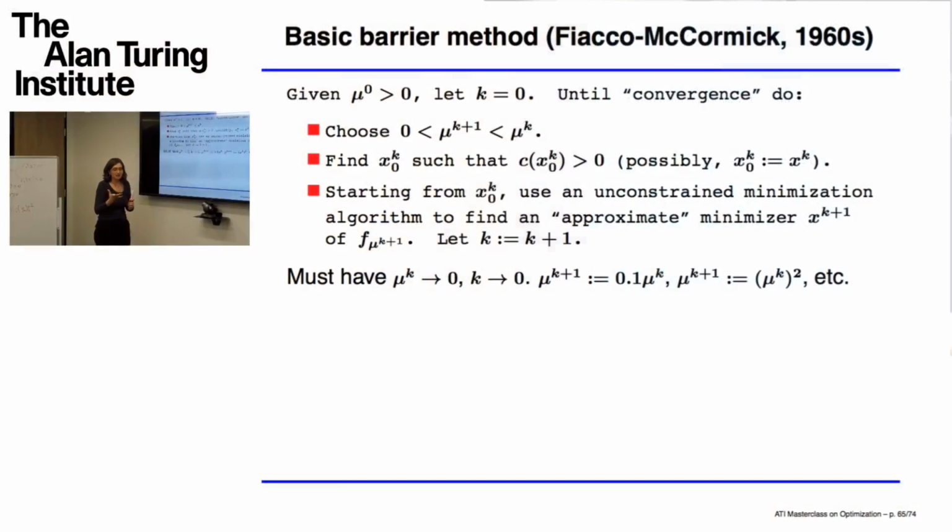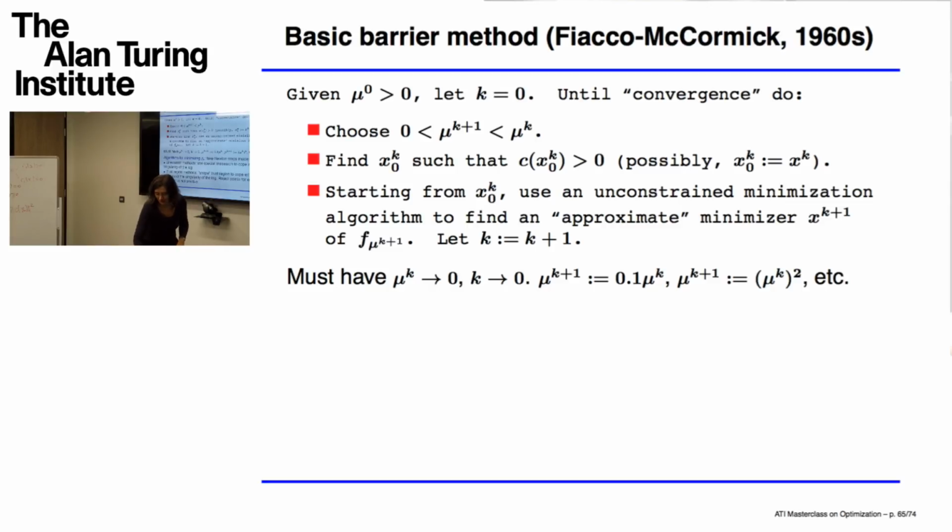So what does a barrier method do? You have to have a strictly feasible point, and it generates a sequence of decreasing mu values, and you just minimize each of the barrier functions, usually, just like for penalty, starting from the previous solution.